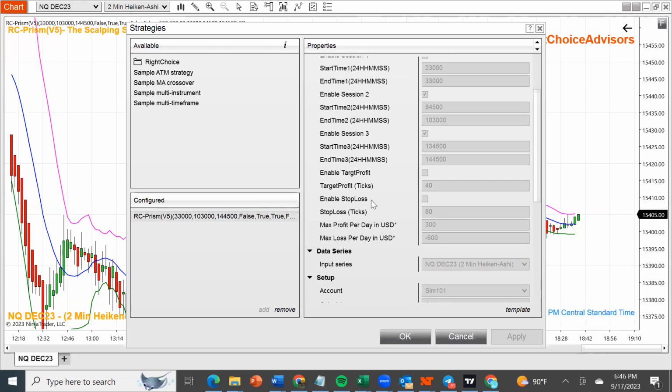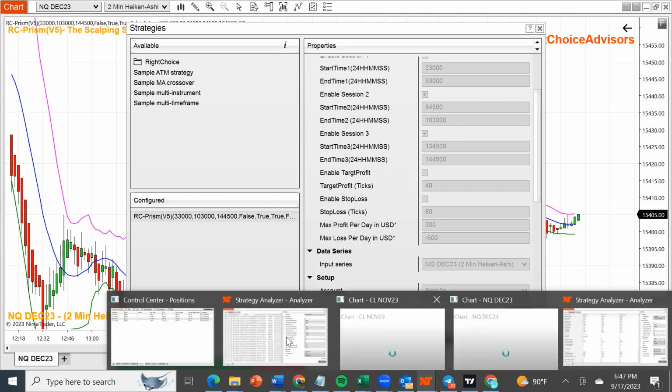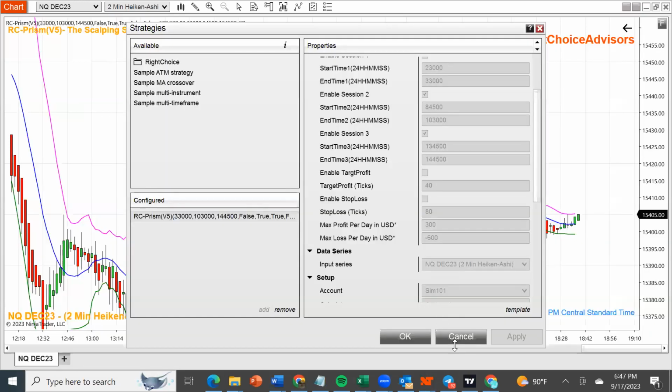If the instrument falls down suddenly by 10 or 20 points, as you saw in the back testing, it will not exactly stop at $300 profit.